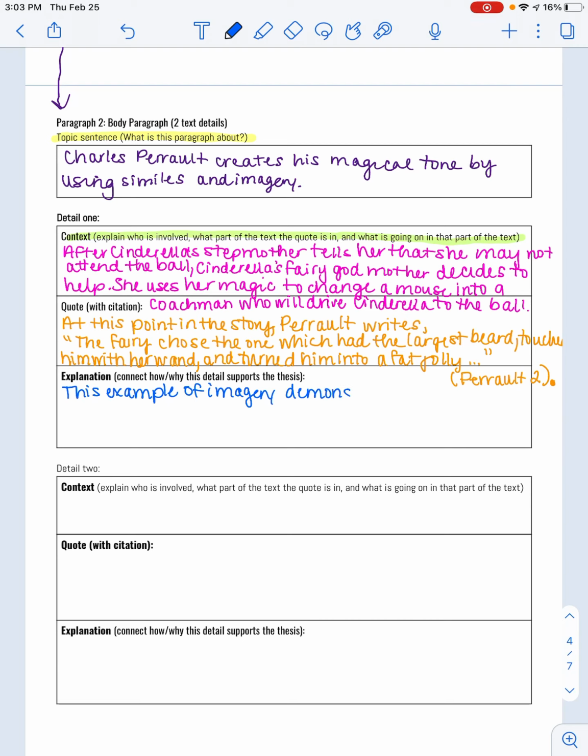Demonstrates the tone is magical because. So important, that because. I'm going to say because it shows the fairy godmother's ability to make Cinderella's dream come true.